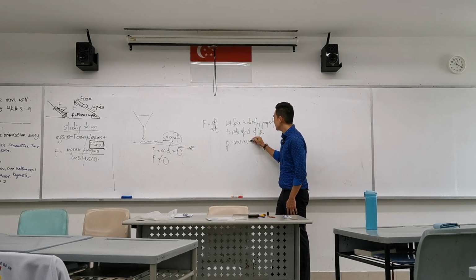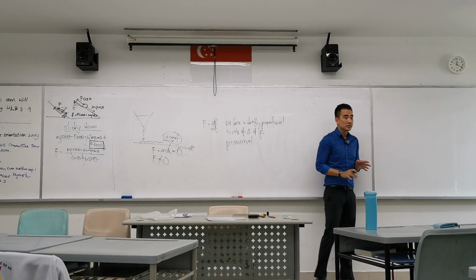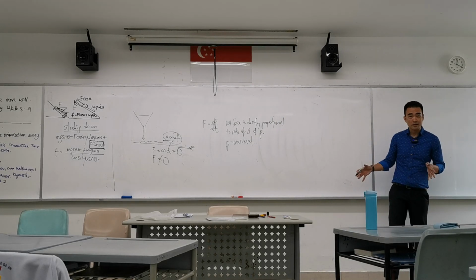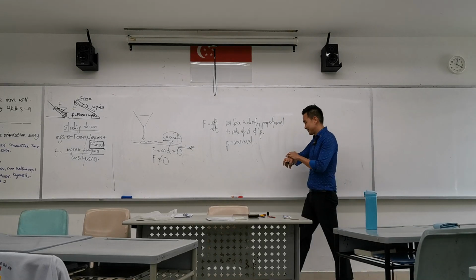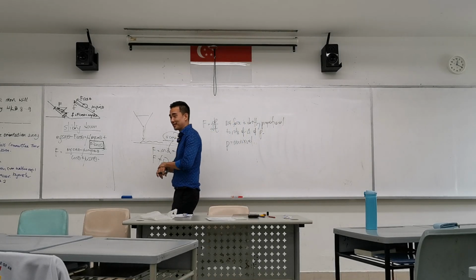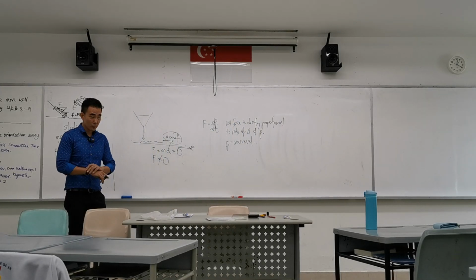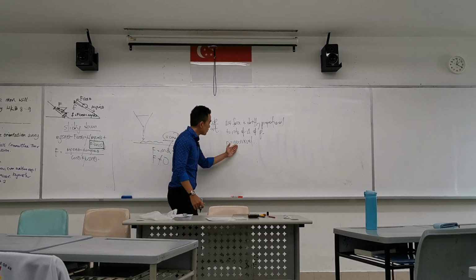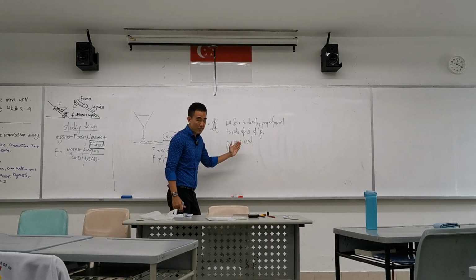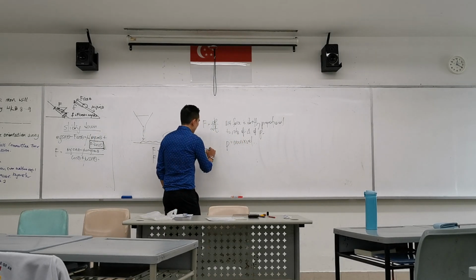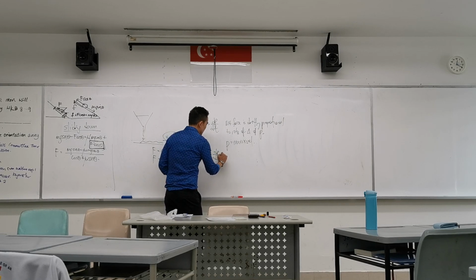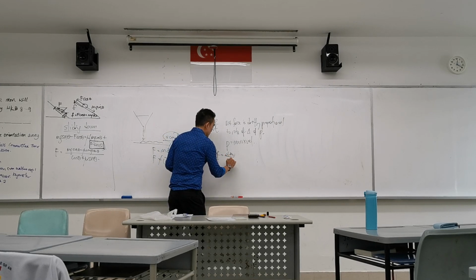It is defined as mass times velocity. Is it a vector quantity or a scalar quantity? Vector quantity, because it's a scalar multiplied by a vector, therefore it is definitely a vector quantity. And therefore F equals dP/dt is equal to d(mv)/dt.